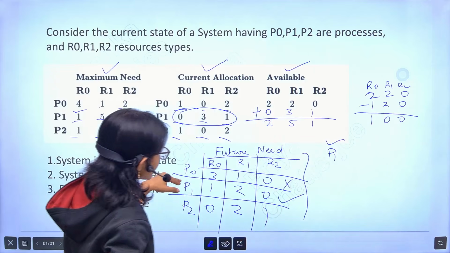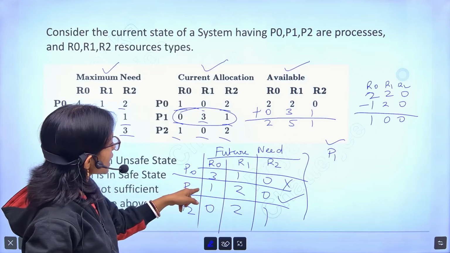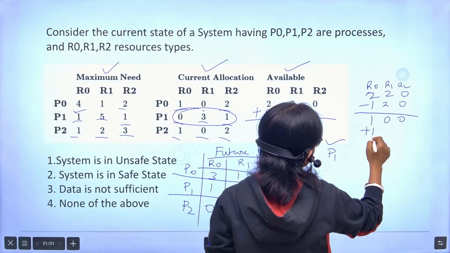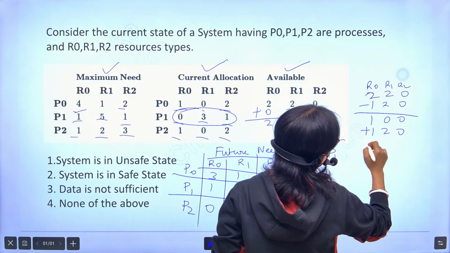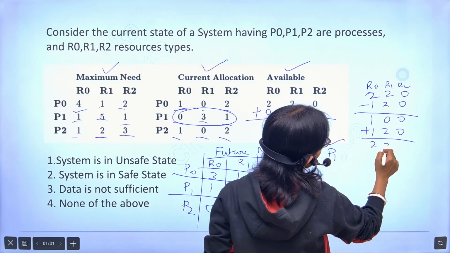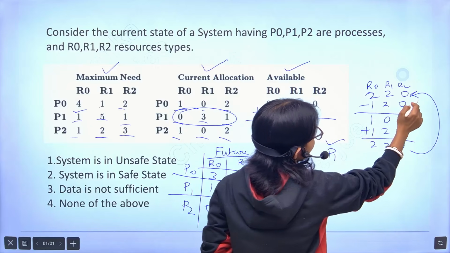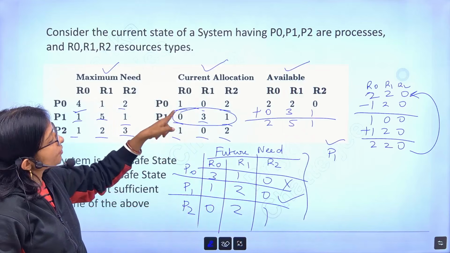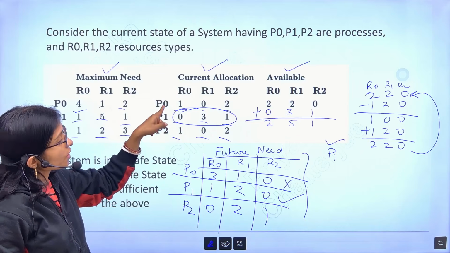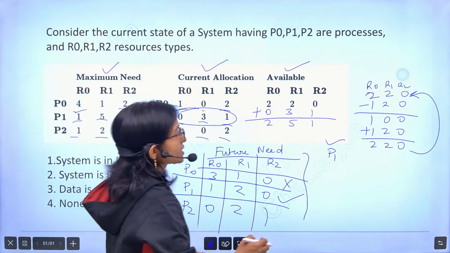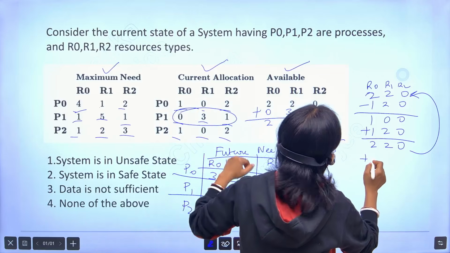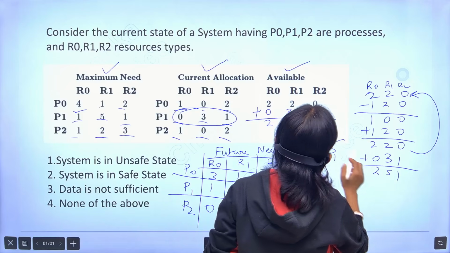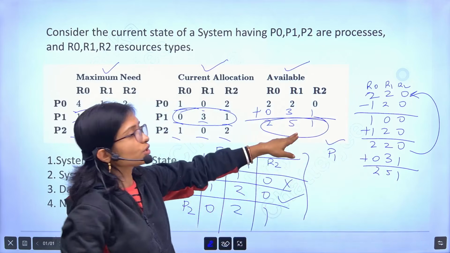Now whenever it is completed, P1 completed, that means P1 will release this one also. That means with plus 120. Now I have again get back this 220. Already I get back this one. And the extra what was previously allocated already, that extra will be also released. That means this extra is 031. That is your 251. In this way you are getting here 251.